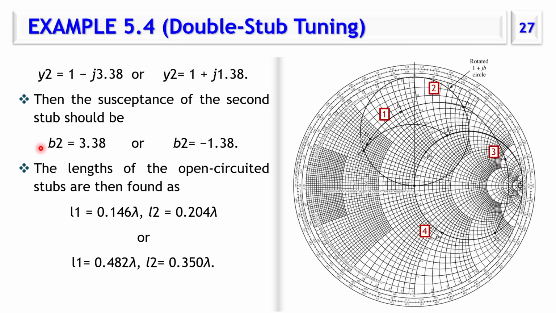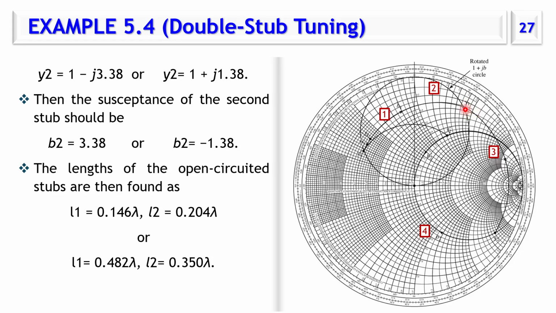So the idea here, we need B2, which is open circuit for Y, open circuit shunt is here, and we want to move to 3.38, which is, this is 2, this is 3, 3.38 is somewhere here, so L2 equal 0.204.